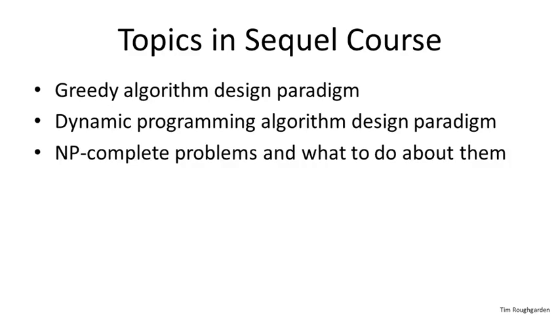The second part of the sequel course concerns NP-complete problems and what to do about them. Now, NP-complete problems are problems that, assuming a famous mathematical conjecture you might have heard of, which is called the P not equal to NP conjecture, cannot be solved by any computationally efficient algorithm. We'll discuss the theory of NP-completeness, with a focus on what it means for you as an algorithm designer.